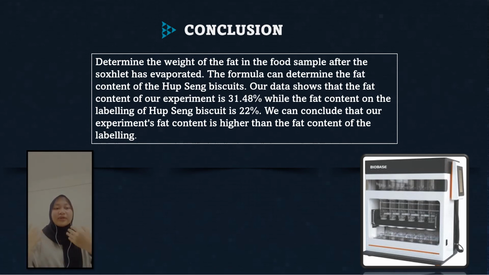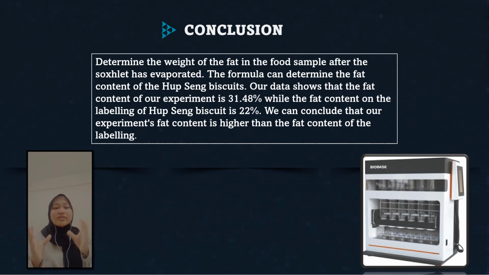Our experiment employs the Soxhlet extraction technique to calculate the fat content of a piece of Half Cent biscuit. Using this technique, we may determine the weight of the fat in the food sample after the solvent has evaporated, and the formula can determine the fat content of the Half Cent biscuits.